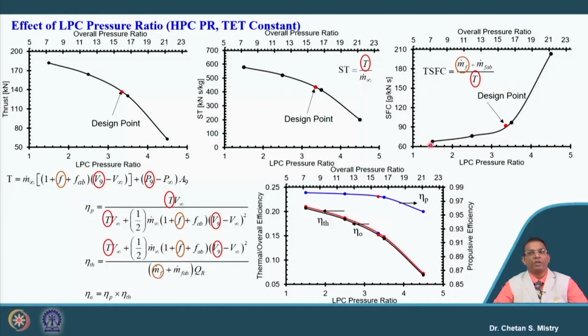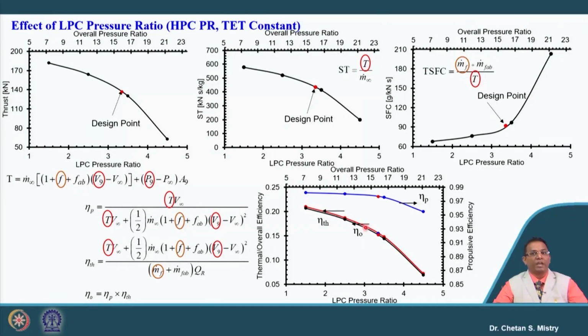Here, this represents the thermal efficiency, overall efficiency and propulsive efficiency. We know all these efficiency parameters are mainly a function of thrust and the amount of fuel we are adding, that is the fuel air ratio. They are also affected by the exit velocity.